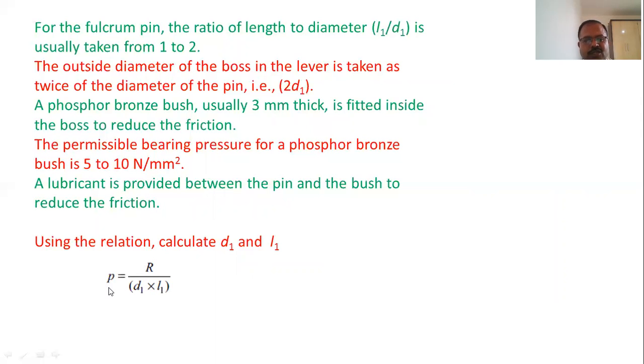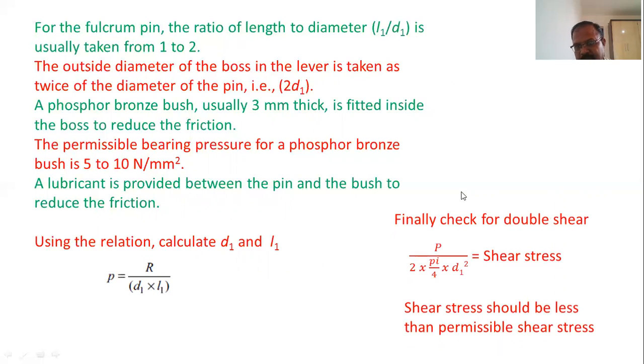So using the reaction, bearing pressure P is equal to R upon D1 L1. The D1 L1 relation can be up to 1 to 2. We can calculate the values of D1 and L1. And then finally we check it for double shear. The shear stress induced is force upon area. Double shear, therefore 2 into pi by 4 into D1 square.